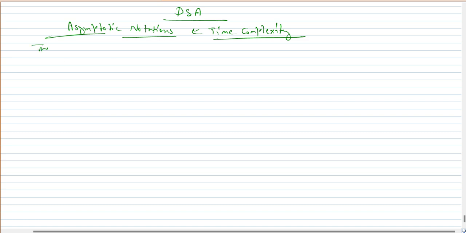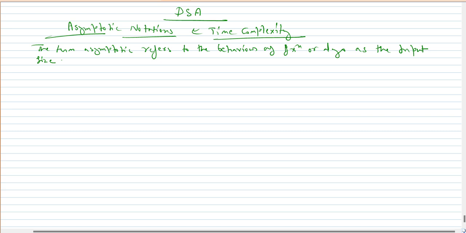So basically the term asymptotic refers to the behavior of a function or algorithm as the input size, denoted as n, grows infinitely large.